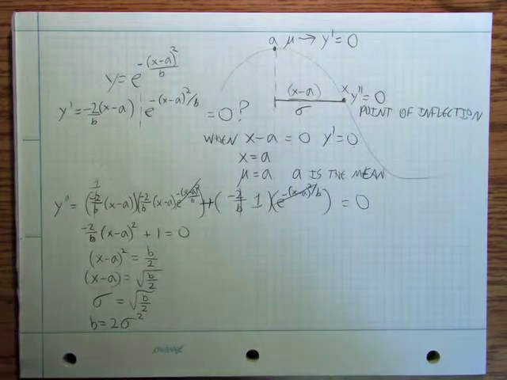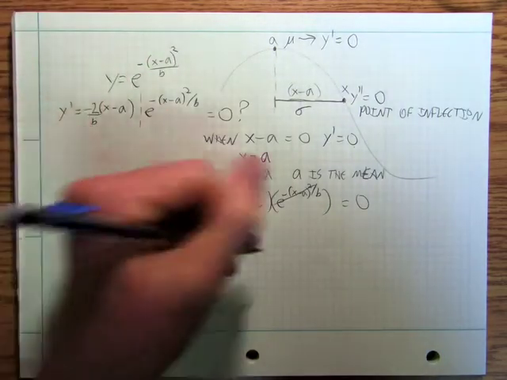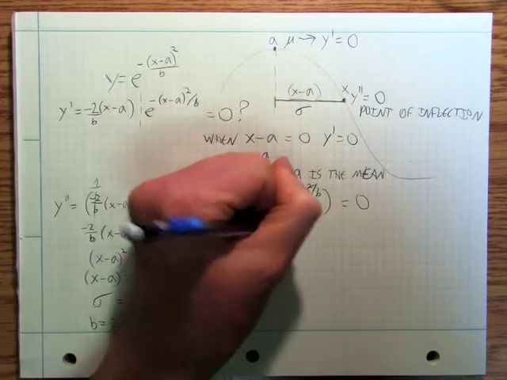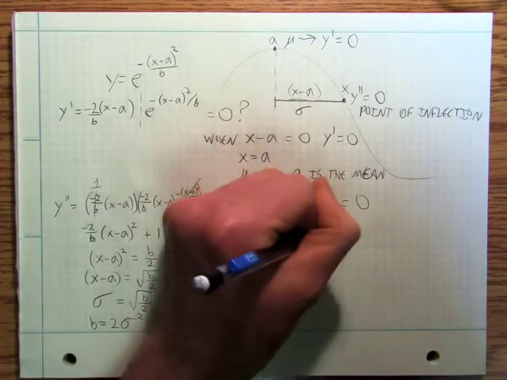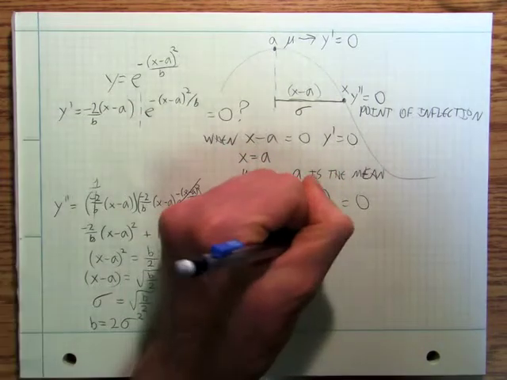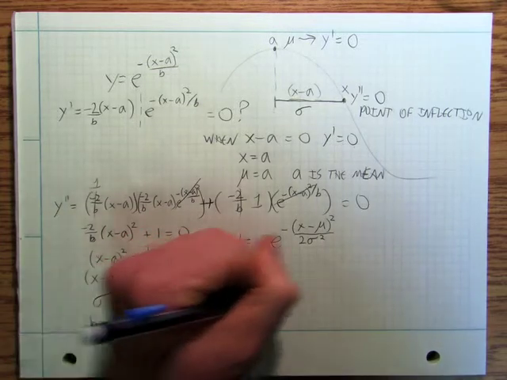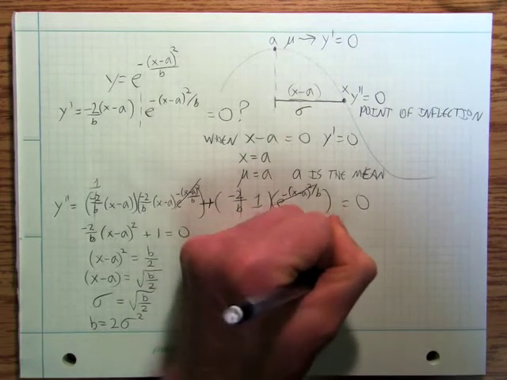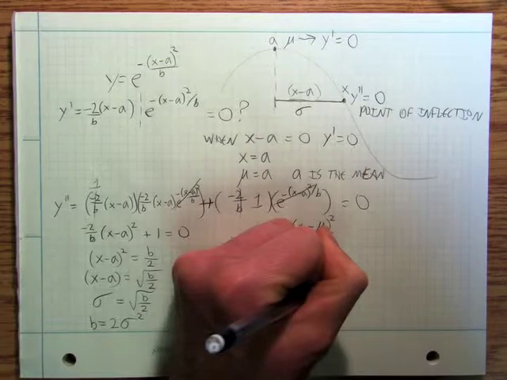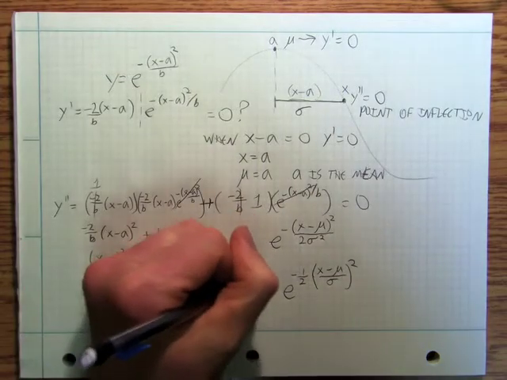Okay, so, this is a long section in the video, I'm going to rewrite this as e to the negative (x minus mu) squared over 2 sigma squared, and I'm going to rewrite it as y equals e to the negative 1/2 times ((x minus mu) over sigma) squared, and then just go on Wikipedia if you want to know more about this.